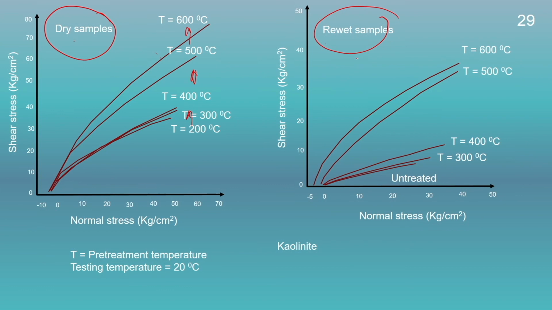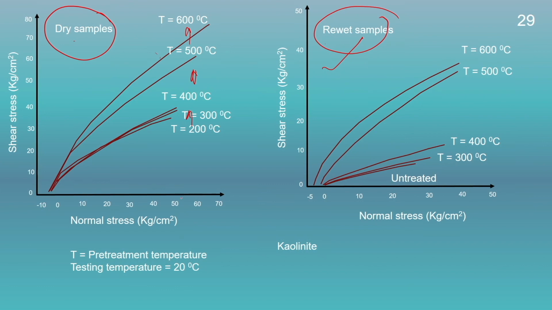This is because after heating the soil sample, if we re-wet it, the cementation bonds between the particles get broken, and therefore the strength of the particles decreases. Therefore, we could see a lower value of shear strength for the re-wet particles in comparison to the dry soil sample.